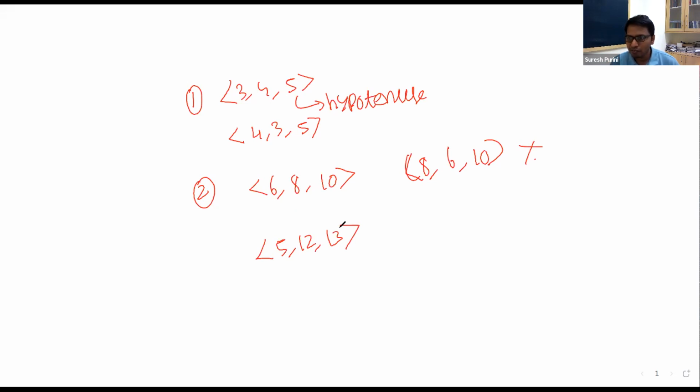Yeah, smallest hypotenuse first. When you think of the ordering, think of the smallest hypotenuse first, and you keep going. Do you understand? You all understood, right, this ordering business of triplets? Okay, good.